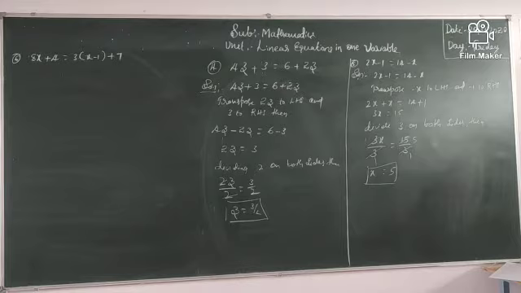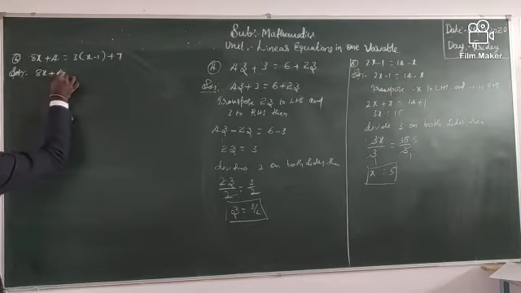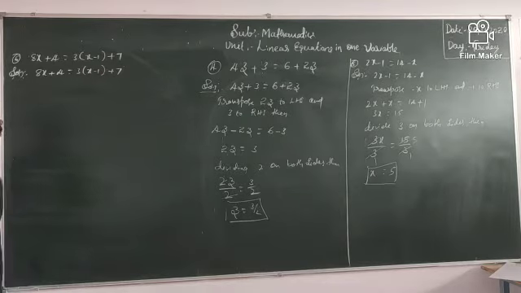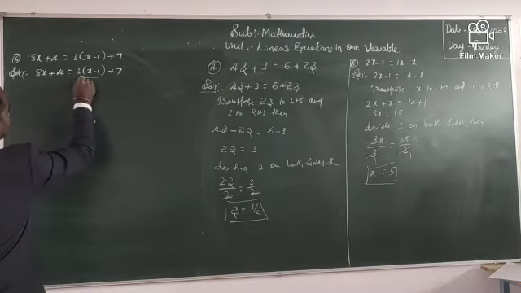Okay. Now, here the first step is solution. Write the problem once again as it is. 8x plus 4 is equal to 3 into x minus 1 plus 7. Here see, this one we have to simplify.